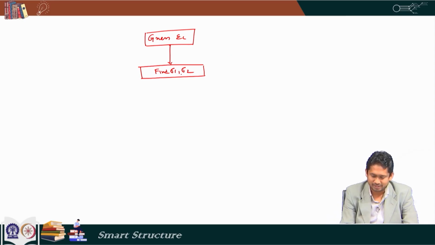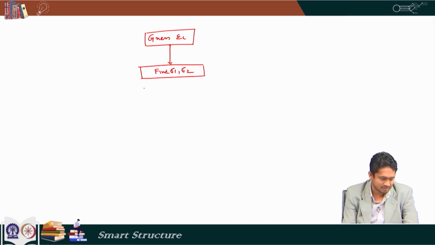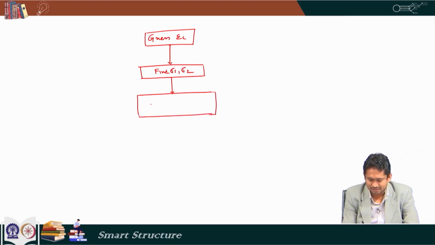Based on that we find out our stresses, and again this itself is an iterative procedure. To evaluate this block itself we need to do the Newton-Raphson based iteration and find out sigma 1 and sigma 2. Once we get sigma 1 and sigma 2, we can find out the amount of forces, the tensions in the wire.